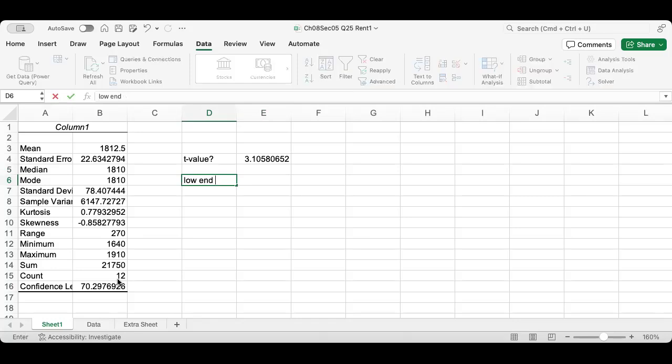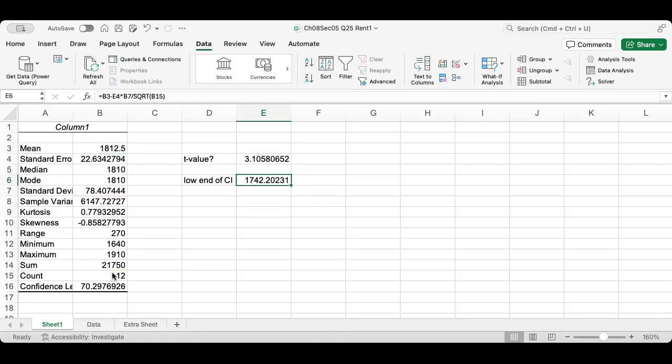Low end of confidence interval is the average minus t-value times the standard deviation divided by the square root, SQRT, of how many people. And notice I didn't actually type in the numbers. I used the cells that are highlighted there to refer to those values.